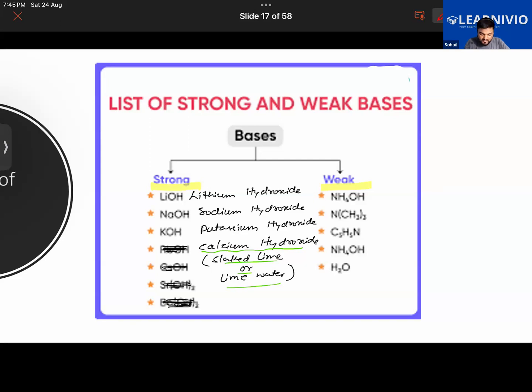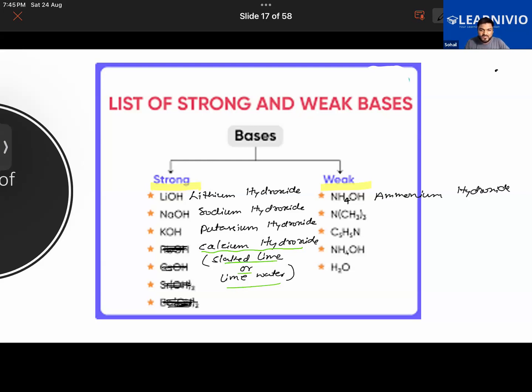Getting it? Then we have certain examples of weak bases like NH4OH. It's not properly visible, but this is ammonium hydroxide. Getting it now?